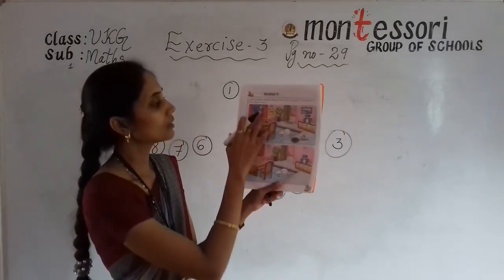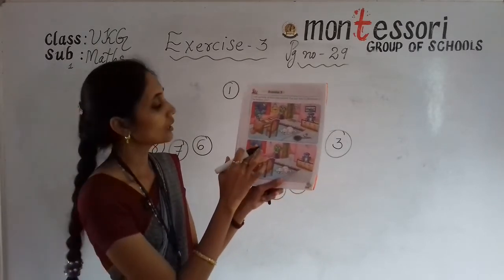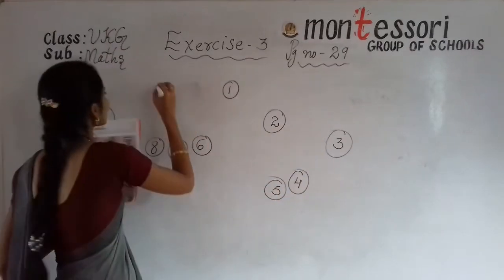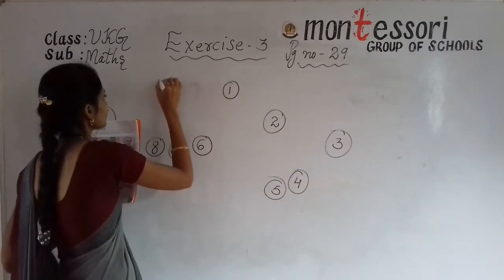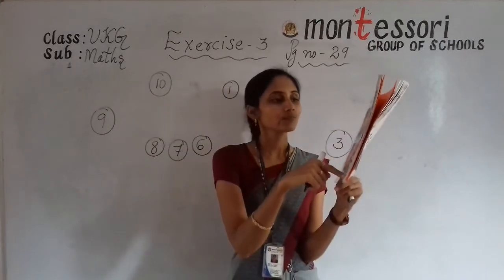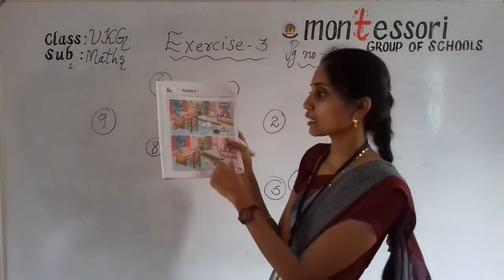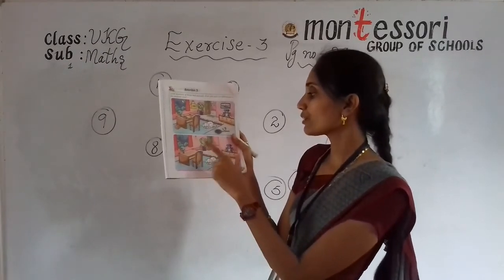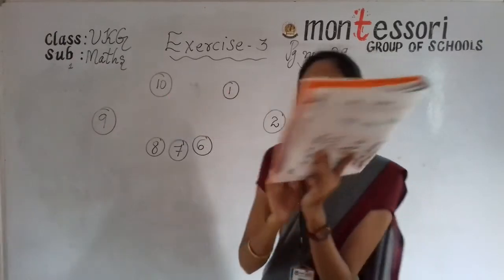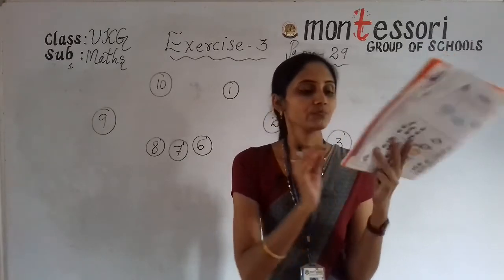After that, we can see the moon, but in the second picture, the moon is not visible. So, that is the 10th one. These 10 things are visible in the first picture, but in the second picture, they are not visible. We have identified the missing things in the second picture.